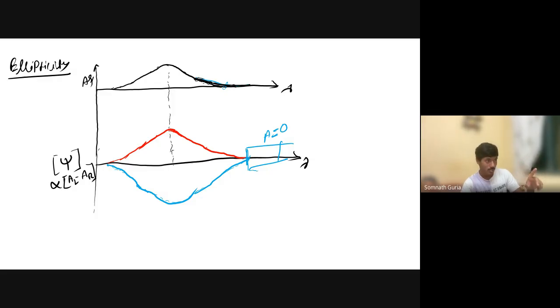So this thing is that where the absorbance is 0, my CD spectra also shows the same 0.